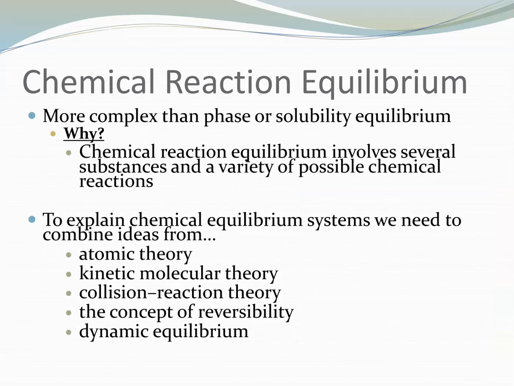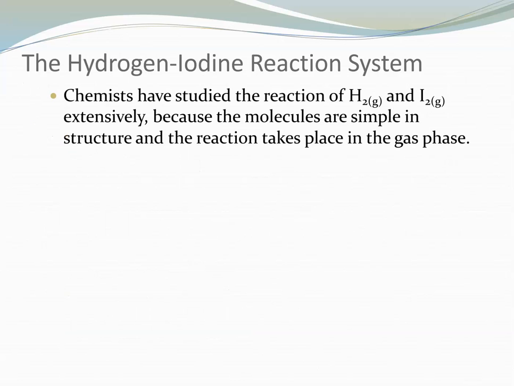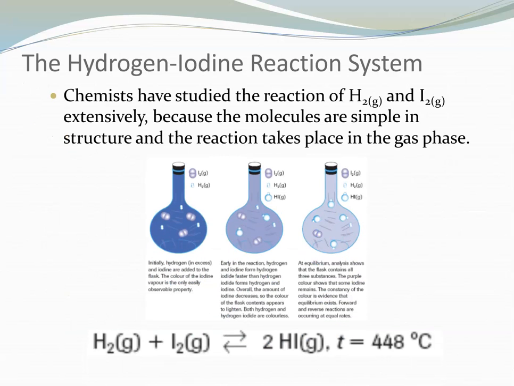Chemical reaction equilibrium involves actual chemical reactions. The hydrogen iodine reaction system is commonly studied to help understand chemical reaction equilibrium. Notice how all of the entities in this sealed flask, the hydrogen, iodine, and hydrogen iodide, are gases.